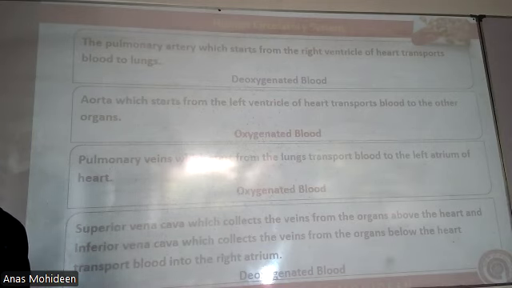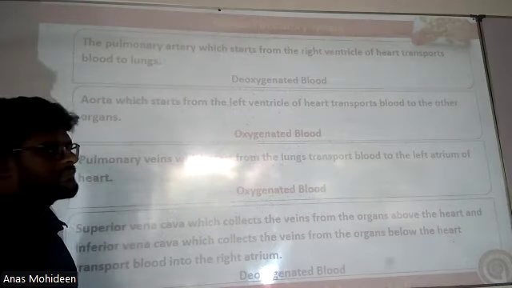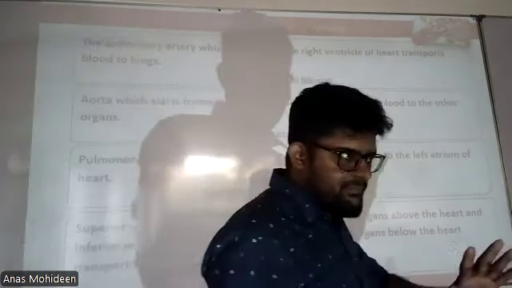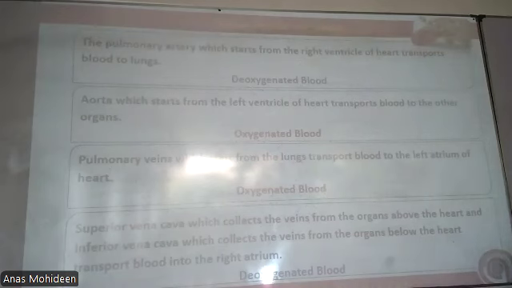Are we done? Correct. So simply remember, the right side is connected with deoxygenated blood, the left side is connected with oxygenated blood. That's okay.